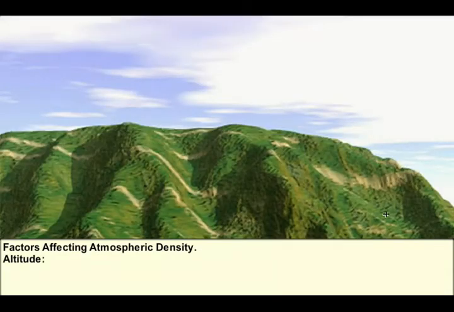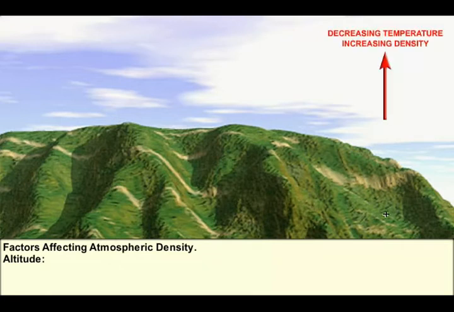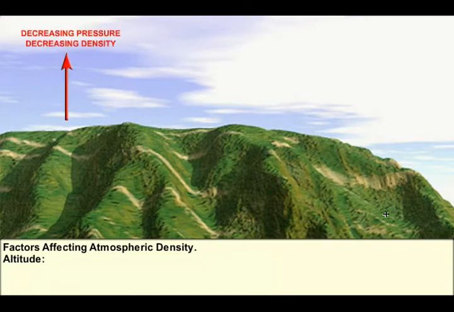Having seen the effect of varying temperature and pressure on density, let us now consider the effect of altitude on density. Here we have a conundrum. As altitude increases, temperature falls. Therefore, density should increase. But as altitude increases, pressure also falls. This causes the density to decrease. So what does happen to density with altitude? The predominant effect is the change of pressure.